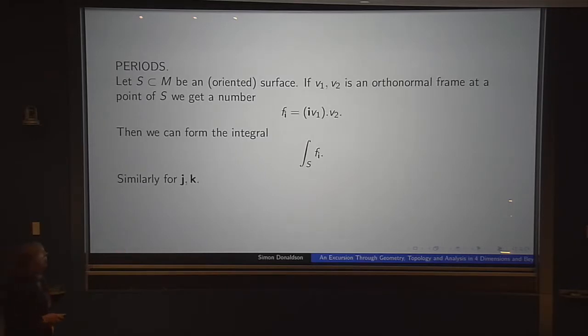If we have a surface in our Hyperkähler manifold, then we can define three functions associated to I, J, and K. If we take a pair of orthonormal vectors at a point in the surface, v1 and v2, we take I times v1 dot v2, and that's independent of the choice of v1 and v2. So that gives a function, and similarly for J and K. Then we can integrate these functions over the surface. So for each surface, we have three numbers associated to I, J, and K.